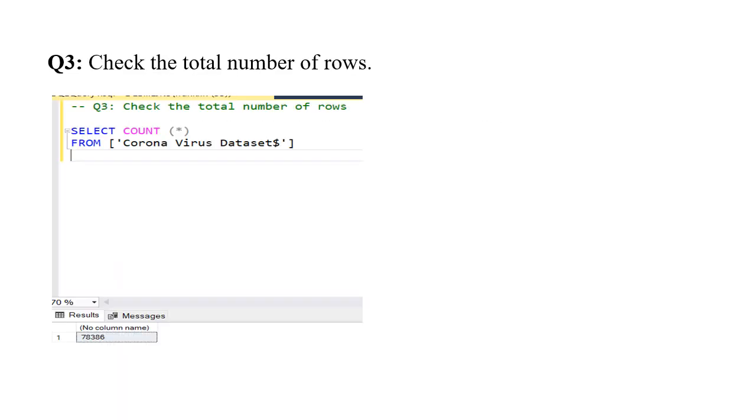And we're asked to check the total number of rows in the data set. I did that and got 78,386 rows.